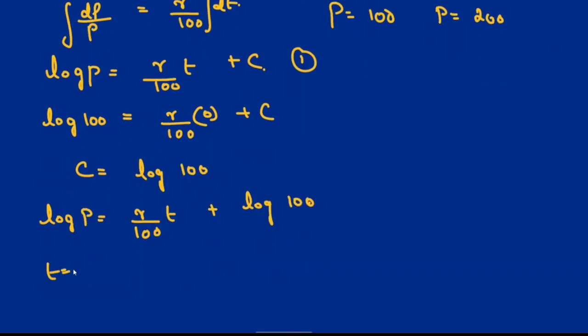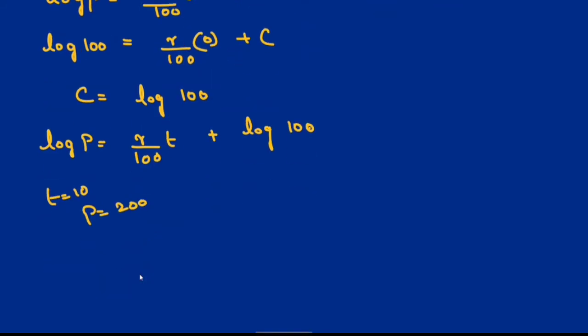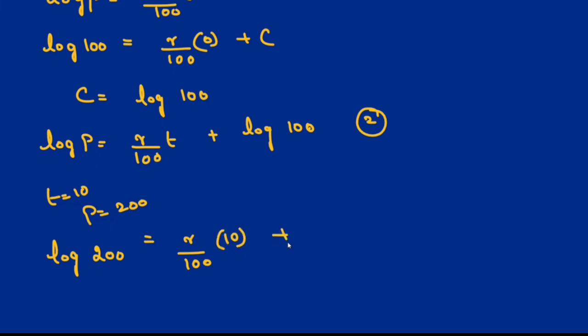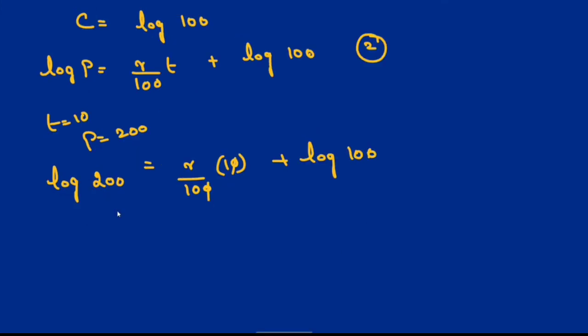Next, put T is 10, P is 200. So this will become log 200 equals R by 100 and T is 10, plus log 100. So log 200 minus log 100 is R by 10. Quotient rule, okay?